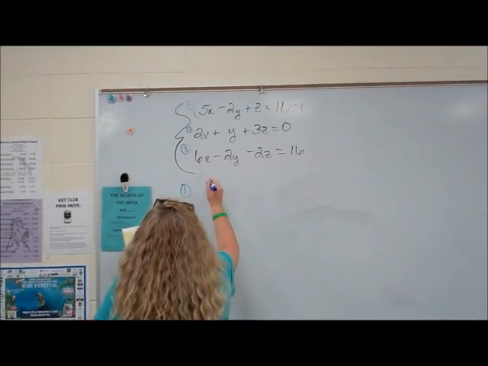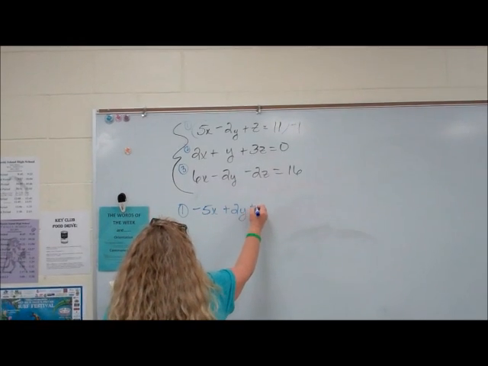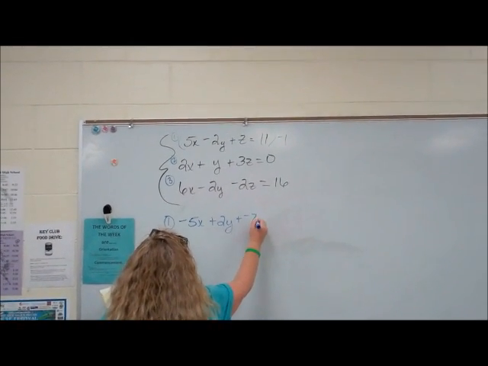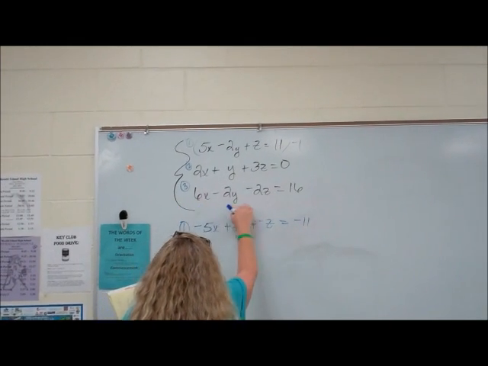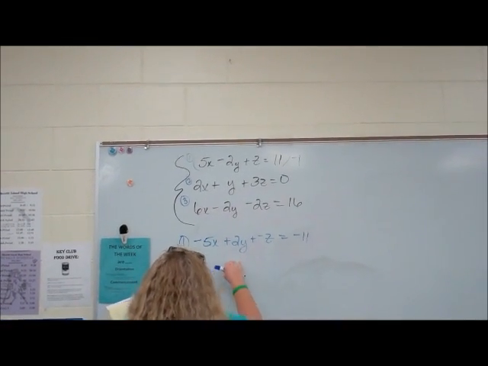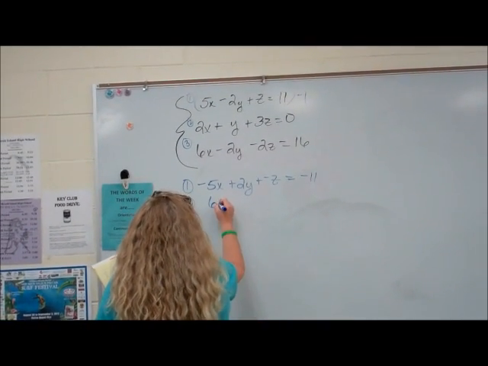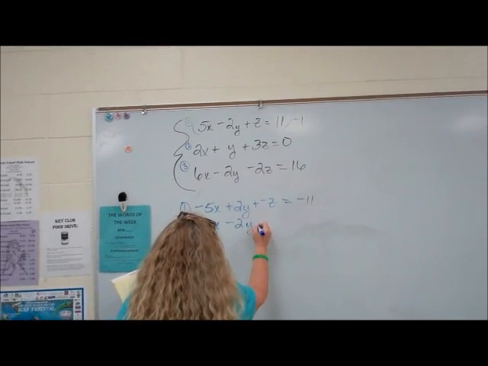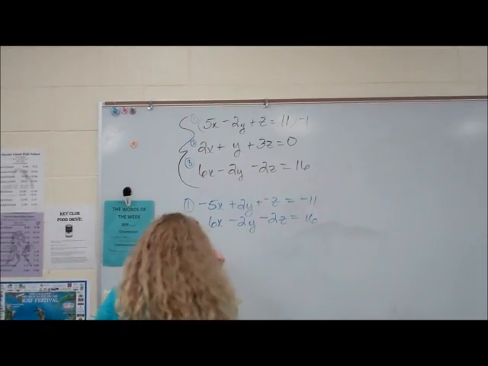So we're taking equation 1, making it -5x plus 2y plus -z equals -11. Now we're going to take equation 3 because we've got a -2y, and that will eliminate that one. So here's equation 3, 6x minus 2y minus 2z equals 16.